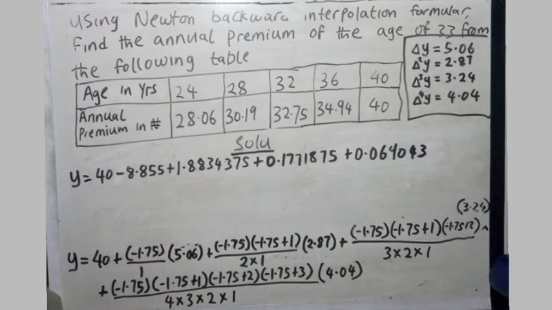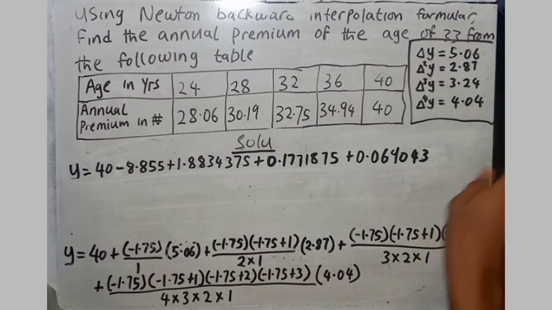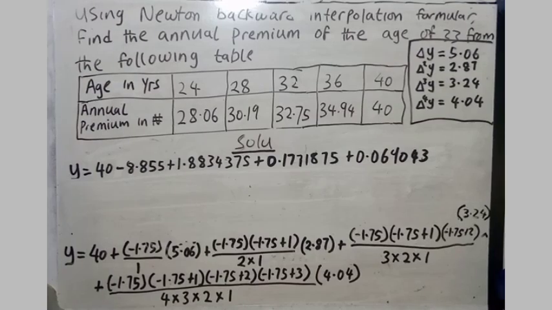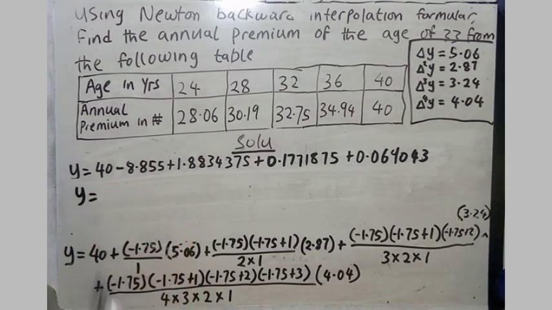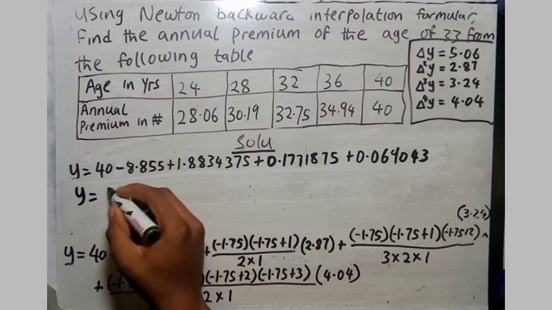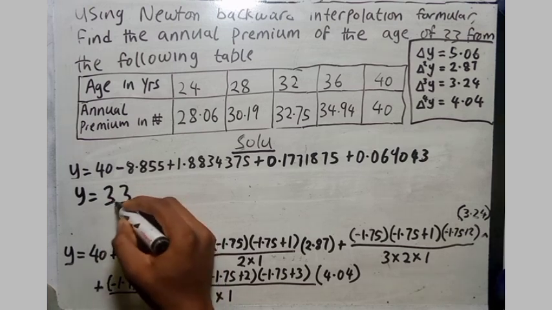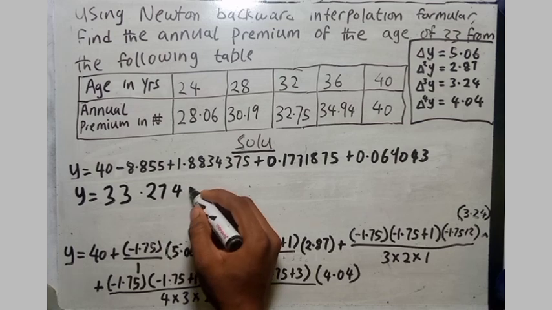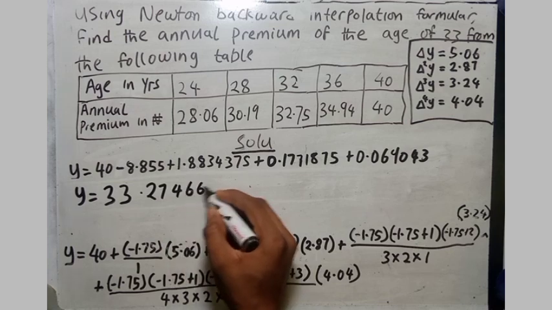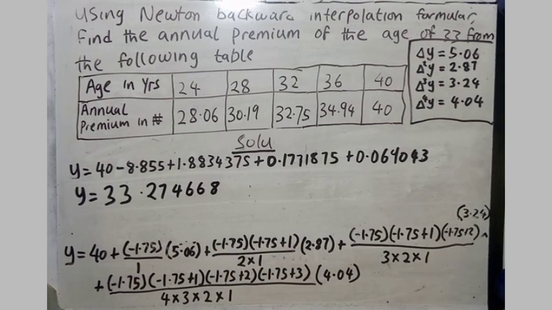Okay, so adding this up, we will be having our answer to be y is equal to 33.27468. So this is the value of our y when x is 33.